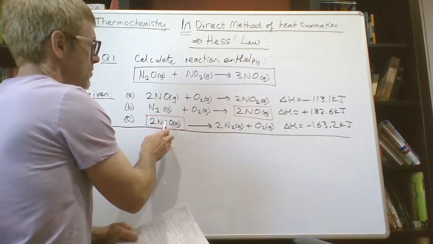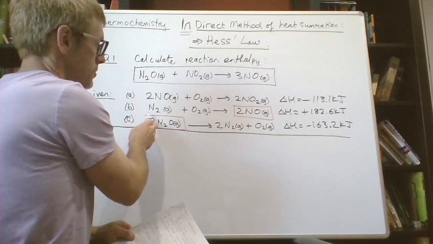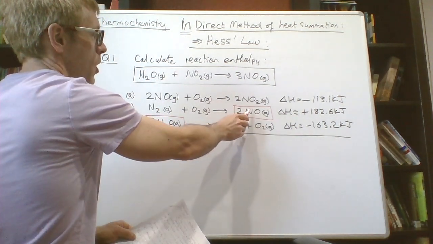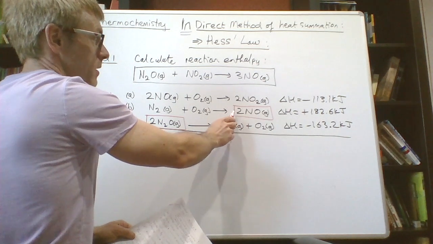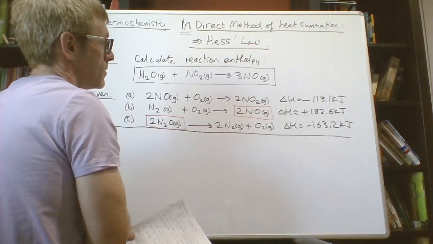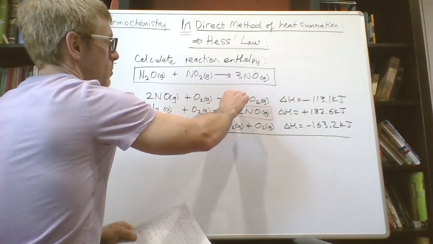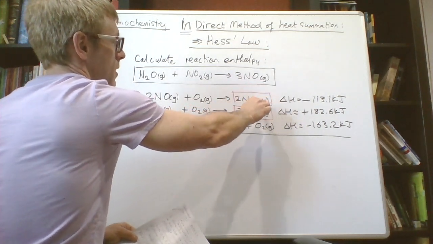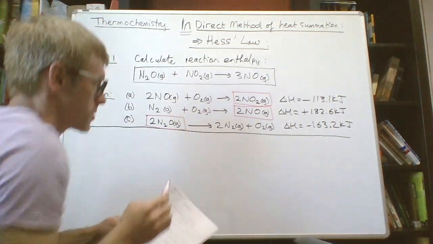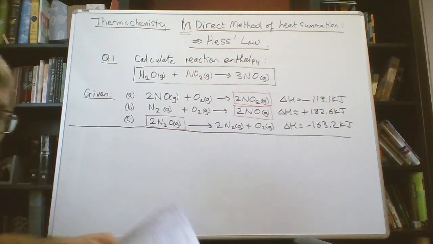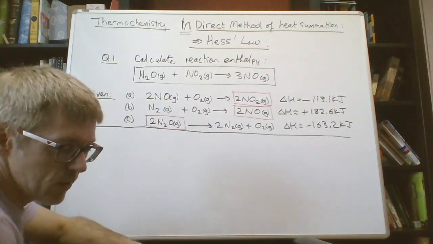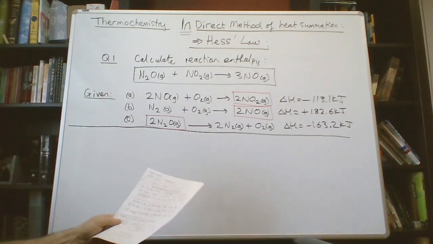So notice my N2O is in the right place, but I've got too much. My NO is in the right place, but I don't have enough. And my NO2 is in the wrong place, and I have too much. So I've got the components I need, but they're just not in the right place at the moment.